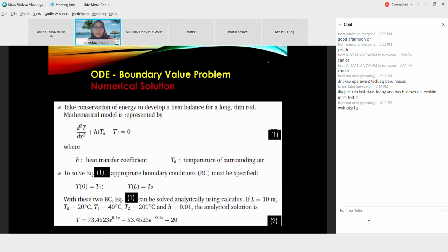This is an example of an ordinary differential equation. As we know, an ordinary differential equation can be represented like this. We can solve this problem via IVP or BVP, so you need to know the condition.